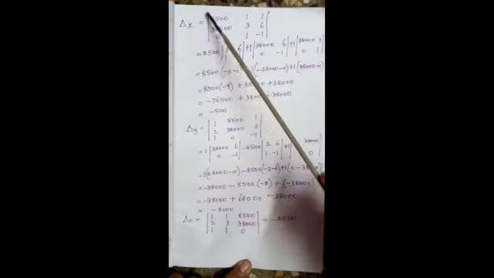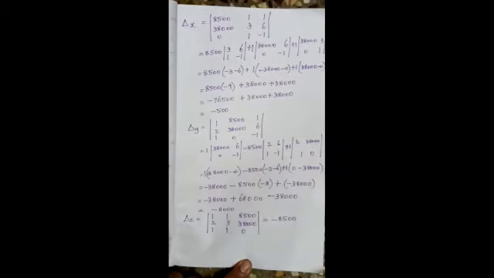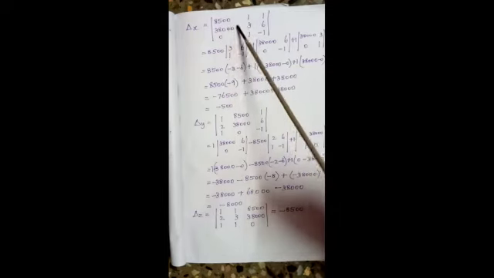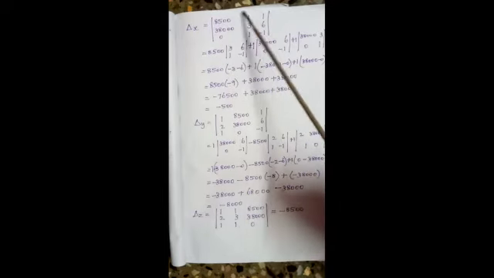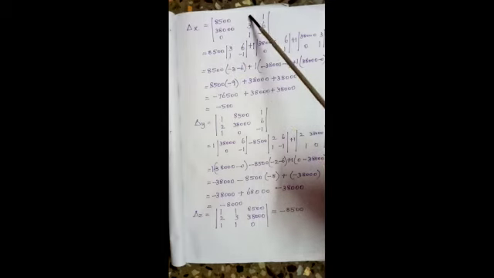Next, delta x is equal to the determinant where we replace the x coefficient with the constant values, we get 8500, 38,000 and 0, and the y coefficients 1, 3, 1, z coefficients 1, 6, minus 1.